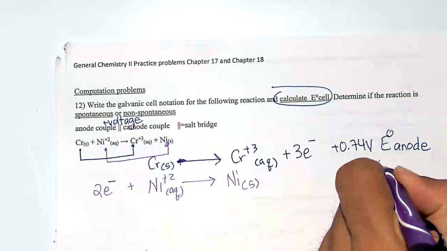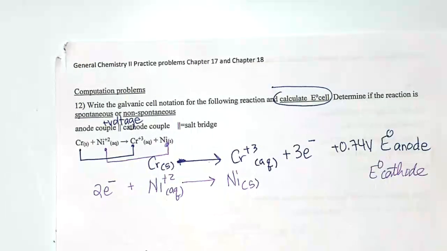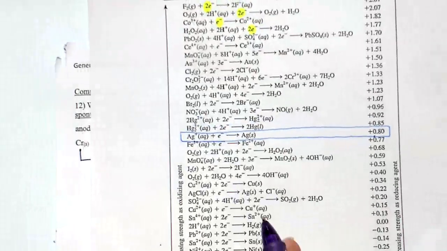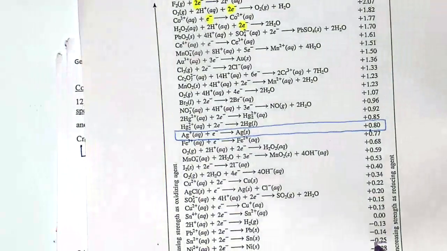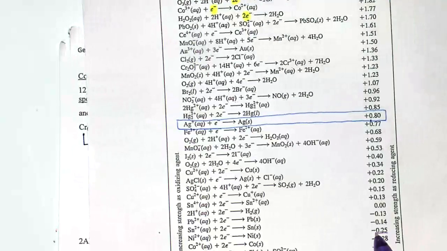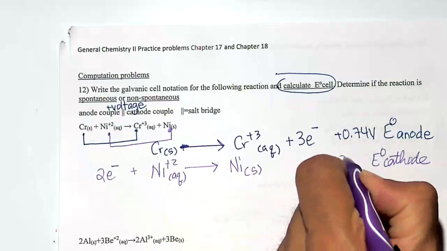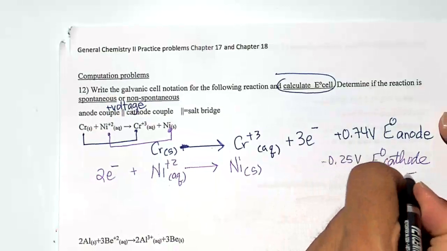This is the cathode, because in the cathode we gain electrons. We also get reduced. And what's the voltage for this one? Can we look it up? What do you see here? I'm seeing negative 0.25 volts. We're going to keep it the same. Negative 0.25 volts. Okay, that's in the purple.